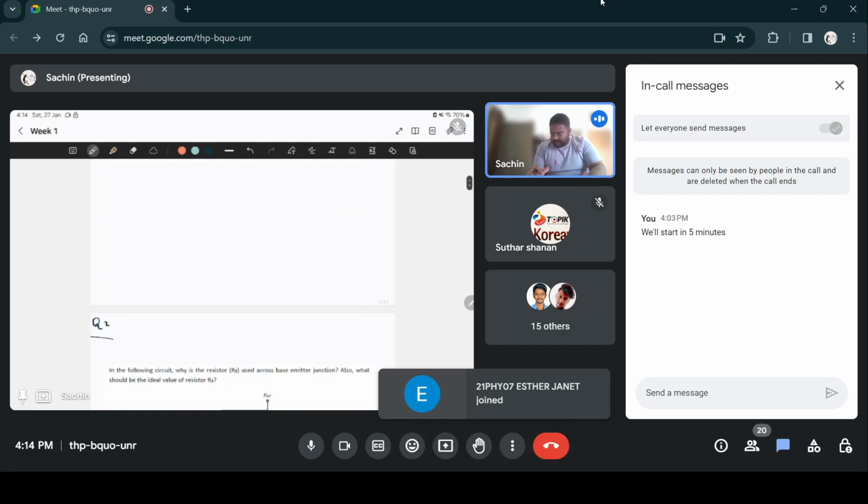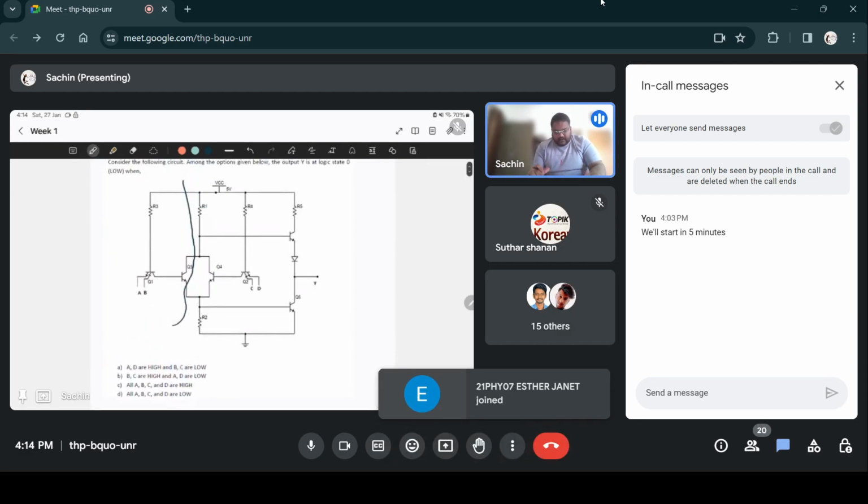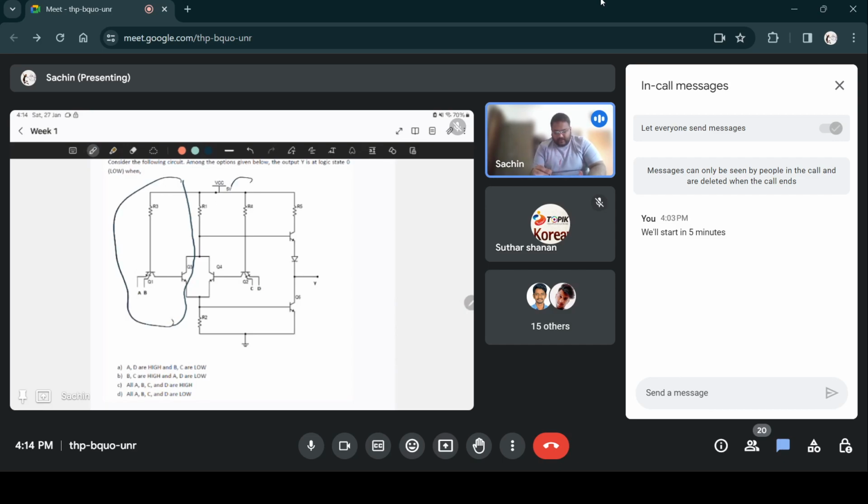I don't remember which one it is, but here the only difference is that this part of the circuit has been replicated and connected in parallel. So you can see that there are two of those parts, connected in parallel.